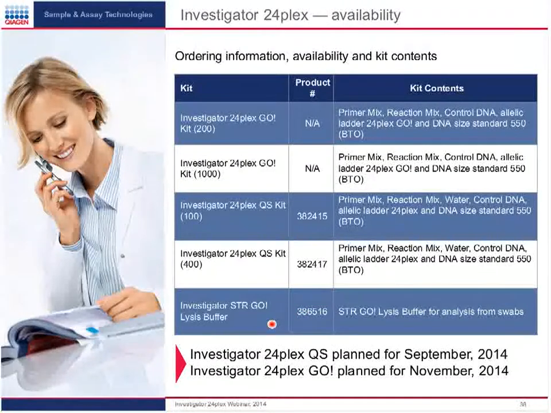I forgot, you can also, of course, buy the STR Go lysis buffer under this number shown here. The launch of 24Plex QS is planned for September this year, and 24Plex Go will be launched at the end of the year in November.